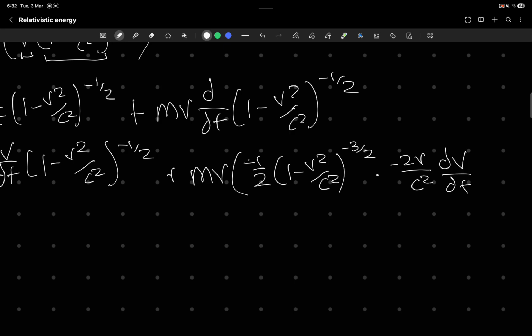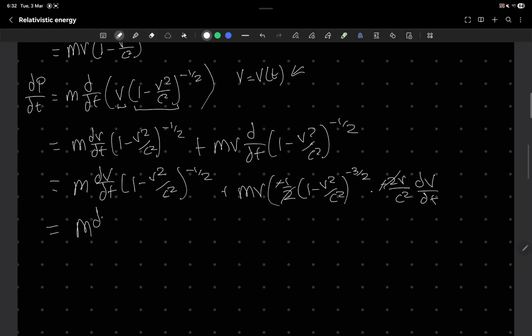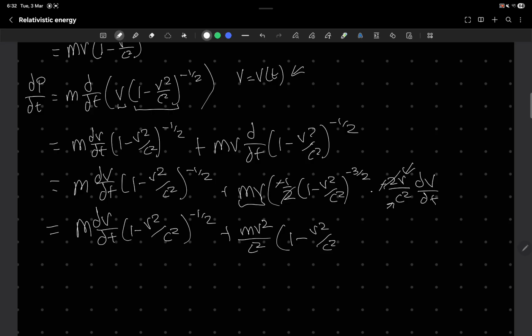So neatly, the minuses will cancel and the 2s will cancel, and so we're going to get m dv by dt, 1 minus v squared upon c squared to the minus a half, plus, so we've got an mv term here, and then we've got a v, so it's going to become mv squared divided by c squared times 1 minus v squared upon c squared to the minus 3 halves, dv by dt, right?